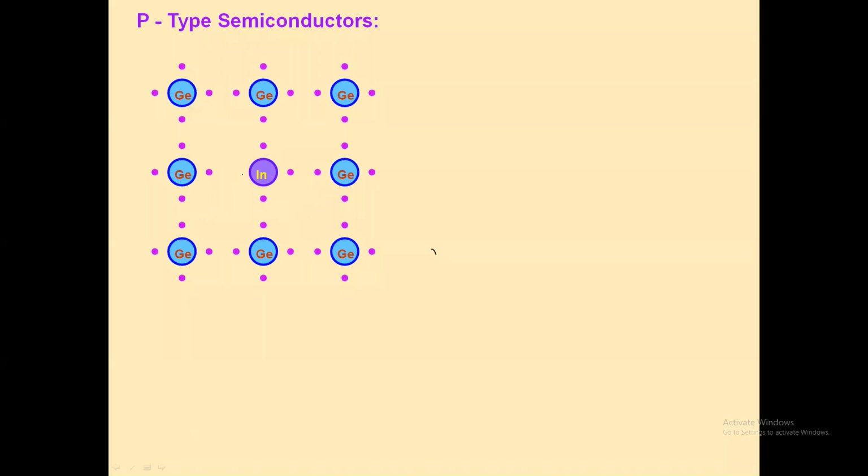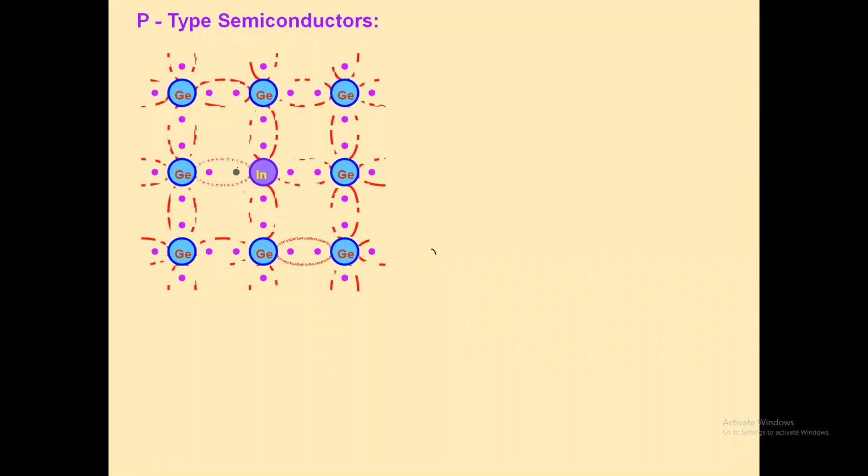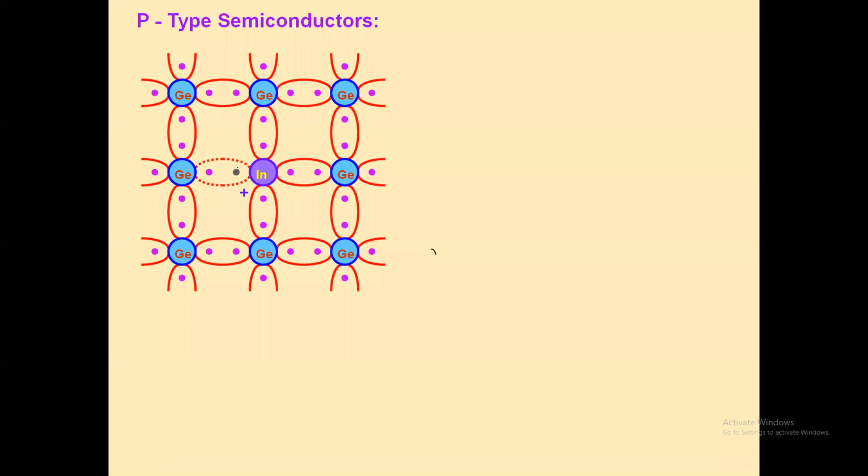The missing electron in the 4th covalent bond, we call it a hole. It means that one indium atom will create one hole in the crystal structure. Get my point? And we know that the hole has a positive charge and has a tendency to attract the electron.